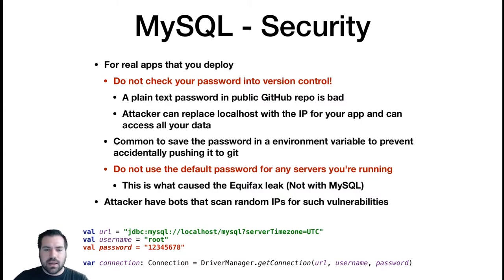So if you're using a default password, or an outdated version of software with a known vulnerability, don't think that you're safe just because your app is tiny and nobody's going to attack you. They're constantly scanning and looking for these vulnerabilities. Somebody's going to find you.